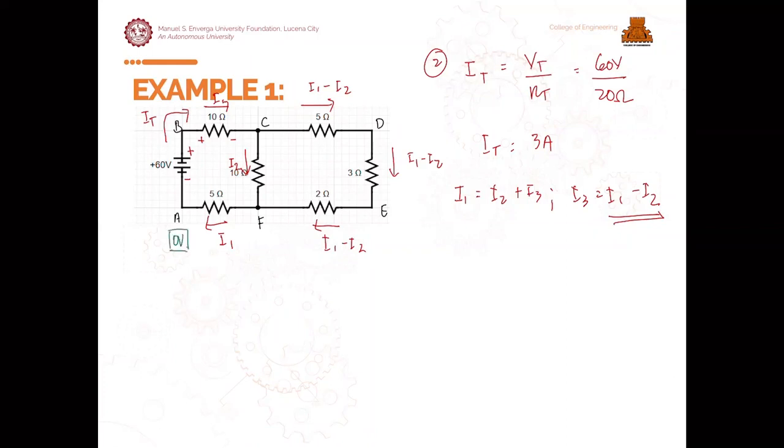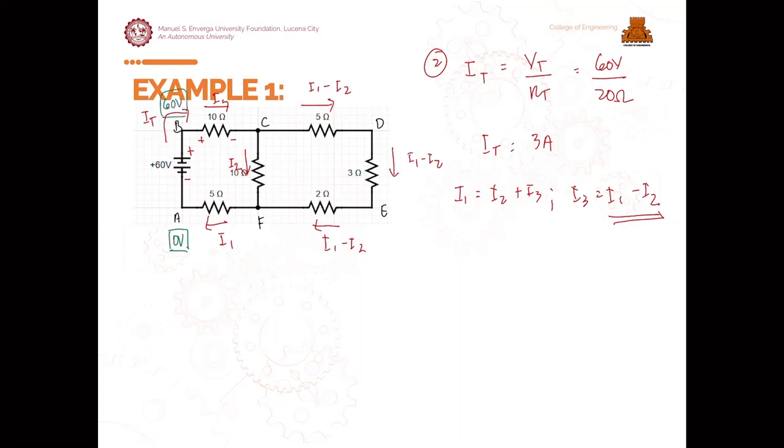As in our discussion last time, when our direction is towards the positive, we have a voltage lift, and when towards the negative, we have a voltage drop. Going up here, we are going towards the positive of the battery, so we have a voltage lift: from 0 plus 60. So upon reaching point B, we have 60 volts.